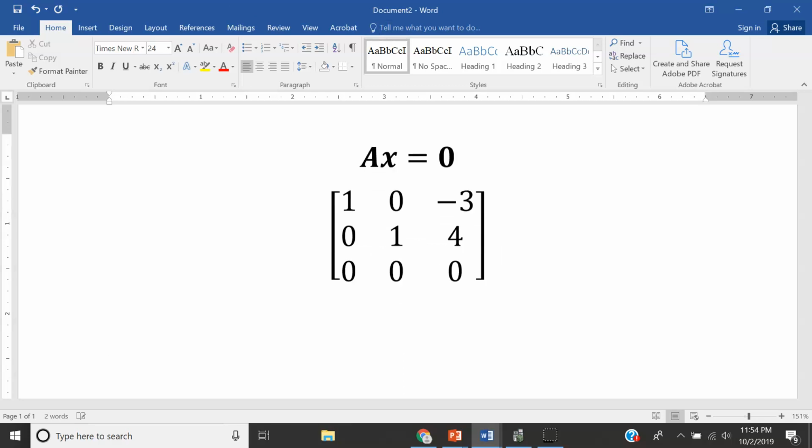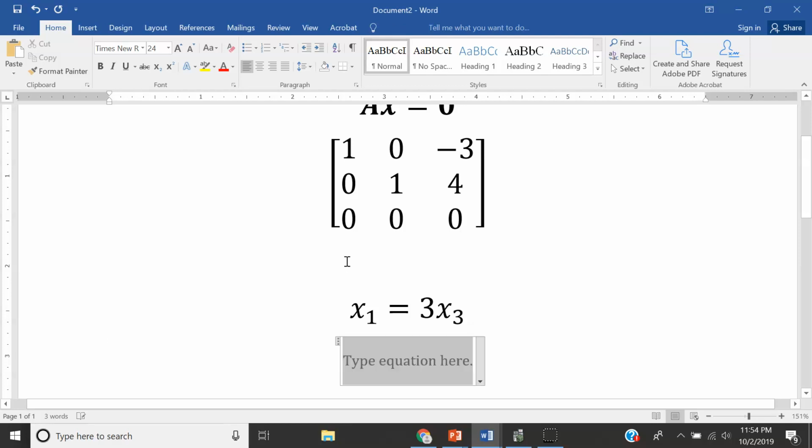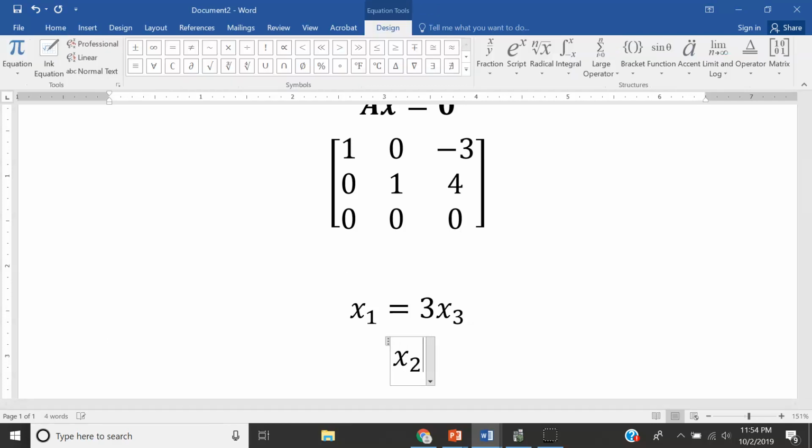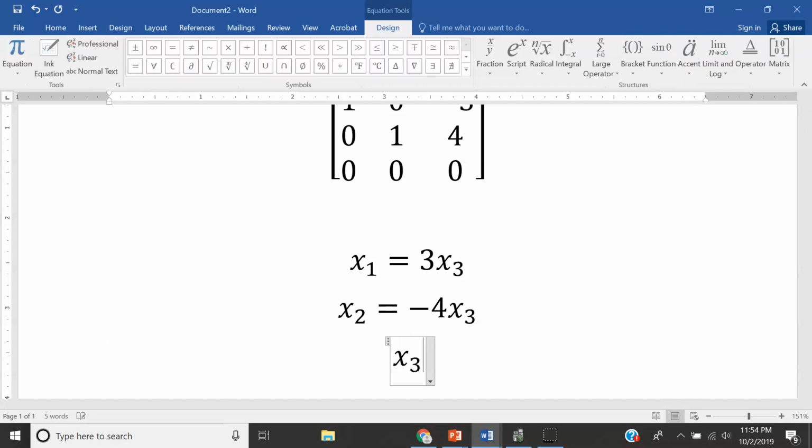Okay, so as the general solution, we have x1 would be equal to a positive 3x3, x2, which would be equal to a negative 4x3, and an x3, which would be a free variable.